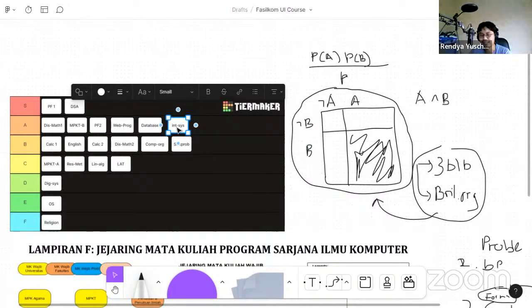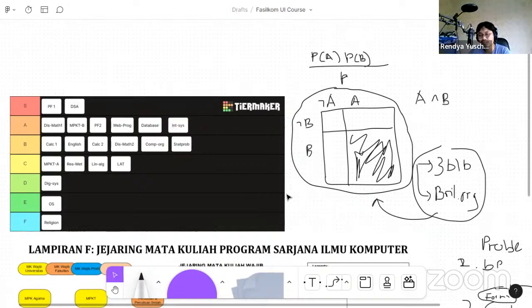To be honest, for me, what I learned from interactive system is that it's not just about designing the view of a website or application. It's more about how people will interact in there. It's not about the look or feel of the website.